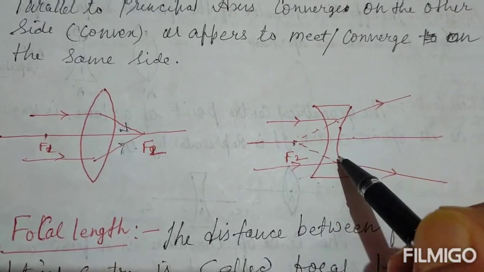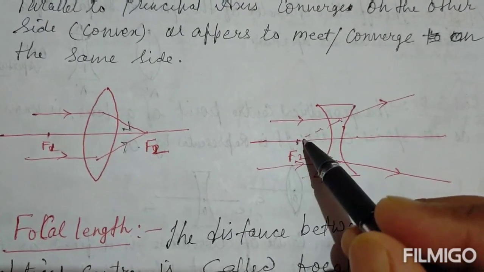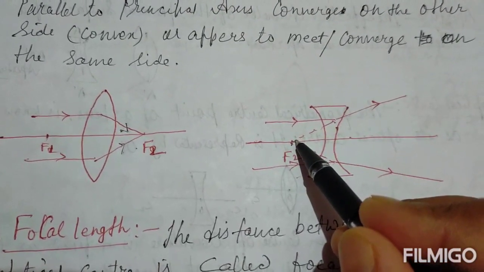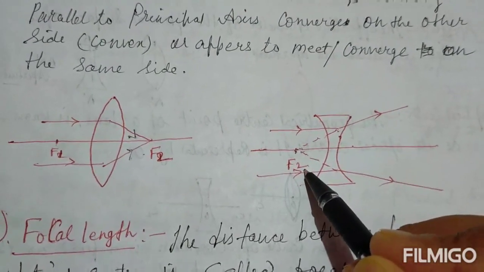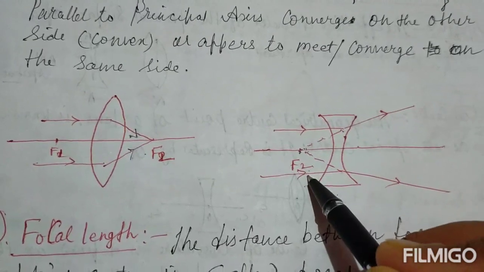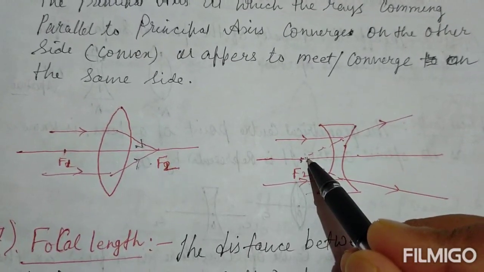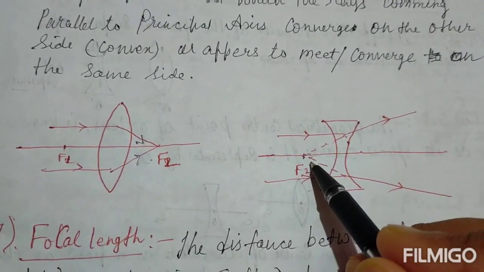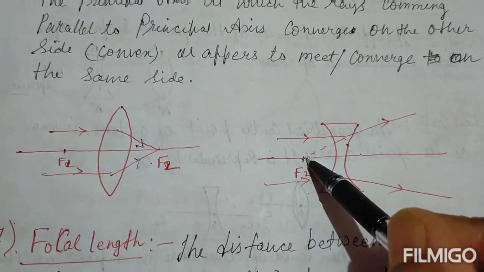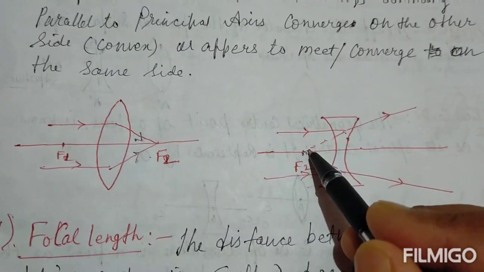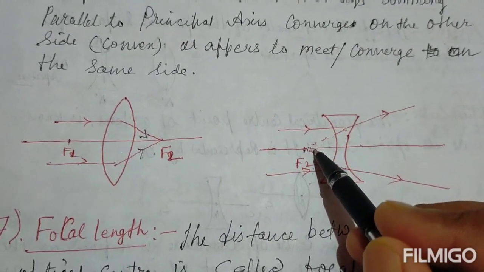These dotted lines meet at a point, and this virtual meeting point is called principal focus 2. So here the light rays meet on the same side from which the light is coming. So this is a virtual converging point, not an actual converging point, and this point is called principal focus 2.